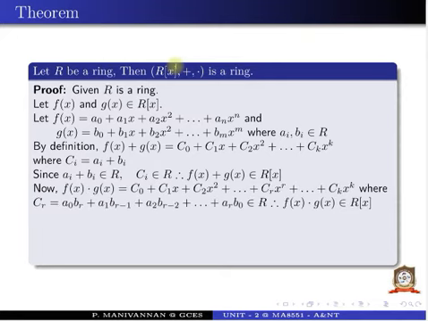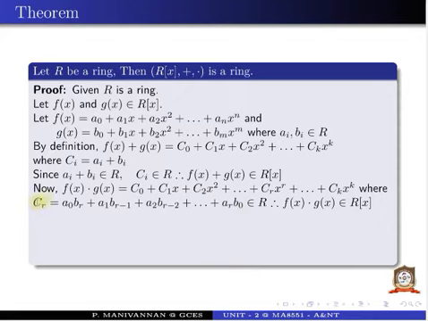Then multiplication. Now f(x) into g(x) is equal to c0 plus c1x plus c2x square plus etc., cr x power r, etc., ck x power k, where cr is equal to the sum of terms whose indices add up to r. So a0 br, a1 b(r minus 1), a2 b(r minus 2), ..., ar b0.